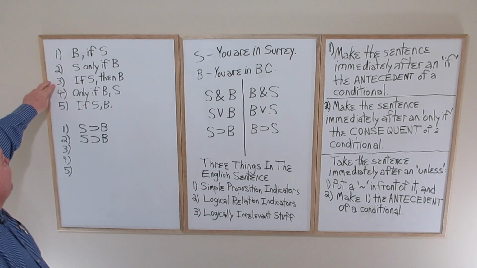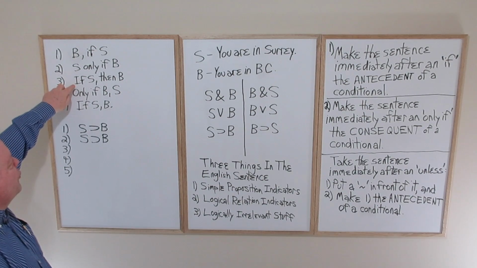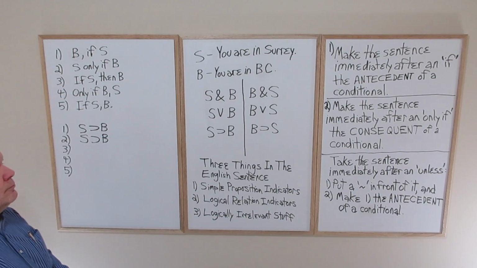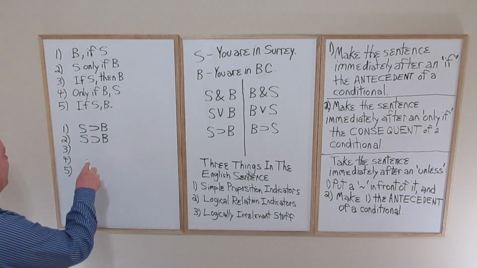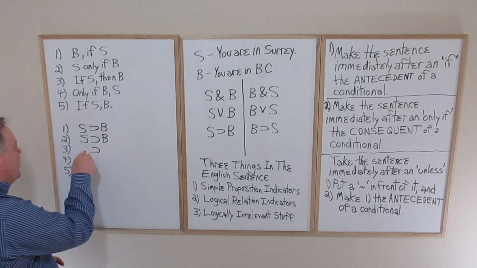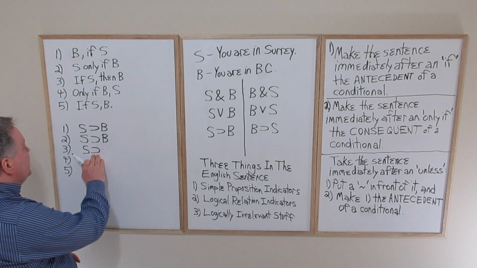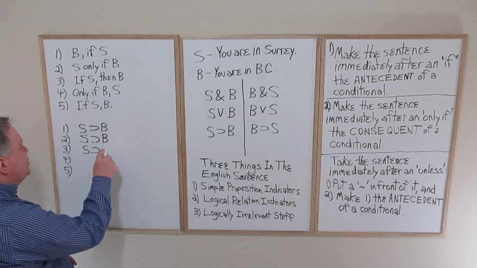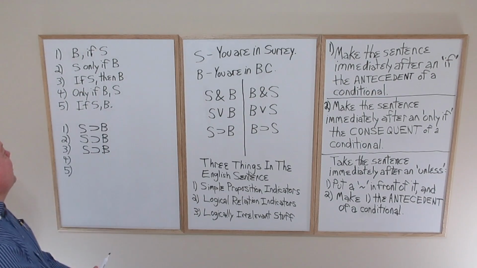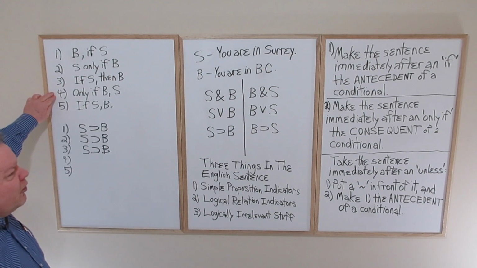The third sentence, if you're in Surrey, then you're in British Columbia. So the question to ask ourselves, do we have an if or do we have an only if? We've got an if. What occurs immediately after the if? The sentence, you're in Surrey, so that goes before the conditional symbol, namely the horseshoe. The other part comes after. The fourth sentence, only if you're in British Columbia are you in Surrey.